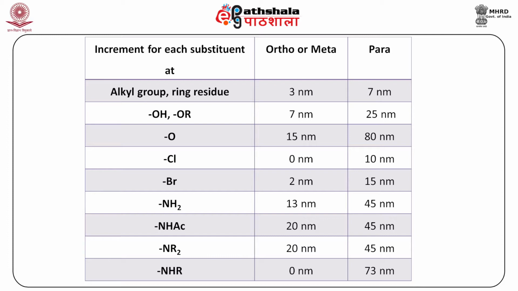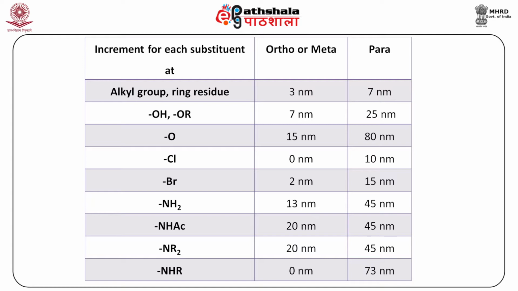If the alkyl group is para to the substituted benzene ring, the increment is of the order of 7 nanometer. Coming to hydroxyl group or alkoxyl group, if again ortho or meta, the increment is 7 nanometer. For para, the increment is 25 nanometer.